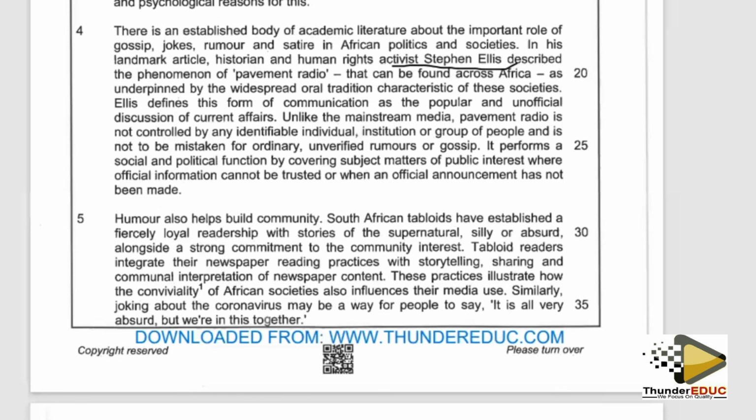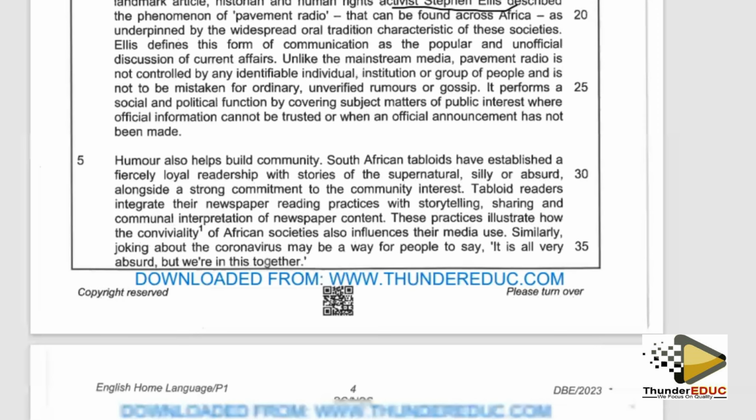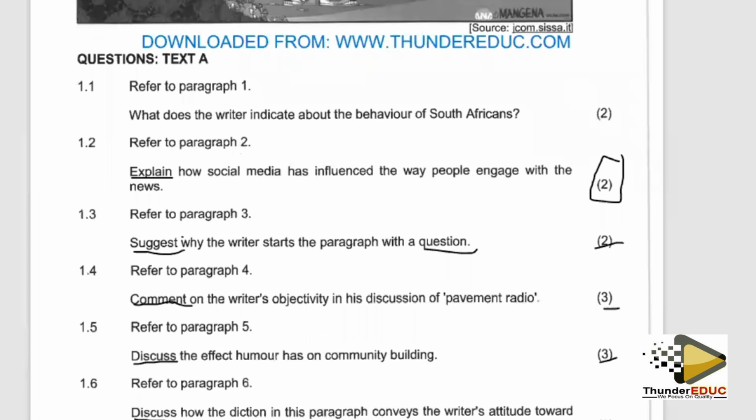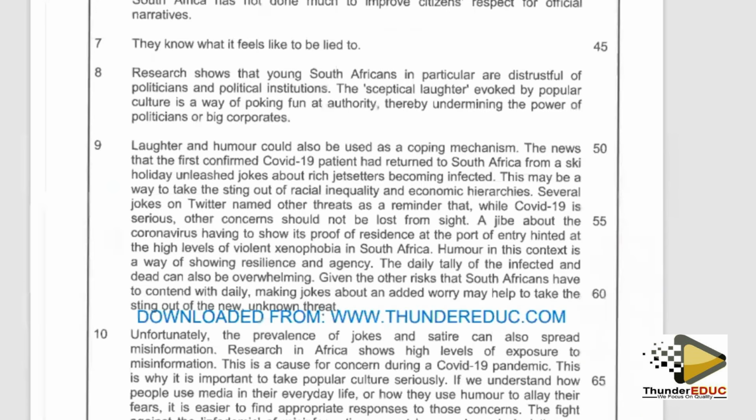When they are fiercely loyal, it means that they are hooked and are going to read, and therefore they will be distracted. So humor is achieved through means of the media that they read, and therefore the stories that they are presented, and therefore the community now is able to be as one.